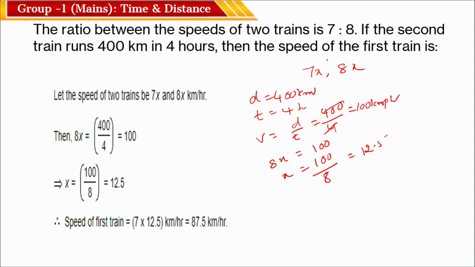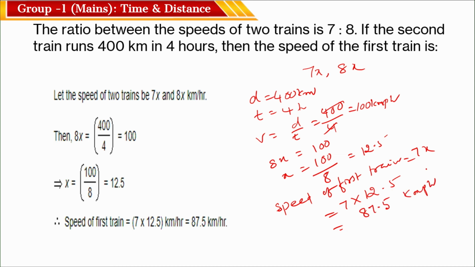So, the required one is the speed of the first train. What is the speed of the first train? Speed of the first train is 7x, correct? Means 7 of 12.5. 7 12 is 84, 7 5 is 35. So 84 plus 3.5 means 87.5. So it is kilometers per hour.